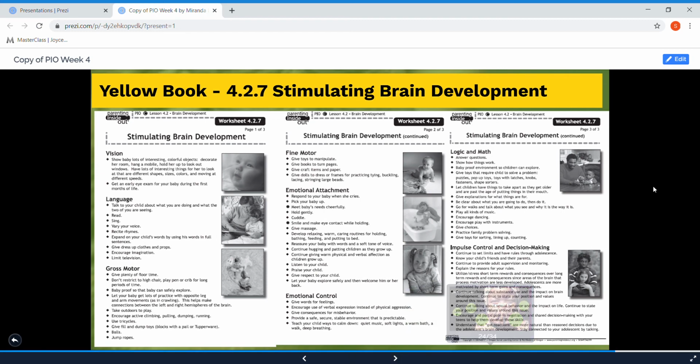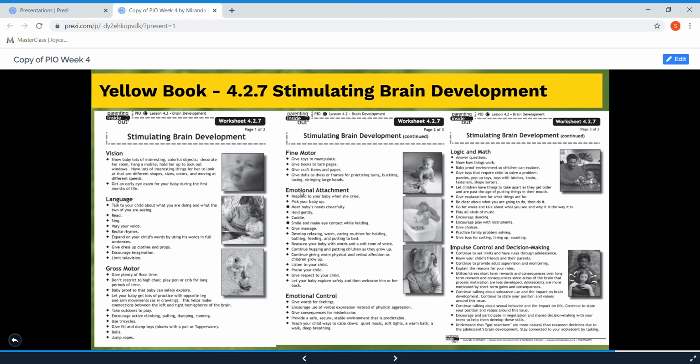So finally, I want us to turn in our yellow book to page 4.2.7, Stimulating Brain Development. This is a 3-page spread in your yellow book, and it's broken up into different categories. So there's vision, there's language, there's gross motor, so these are like big movements like running and jumping. There's fine motor, so these are small movements like with my hands, crocheting, turning a screwdriver.